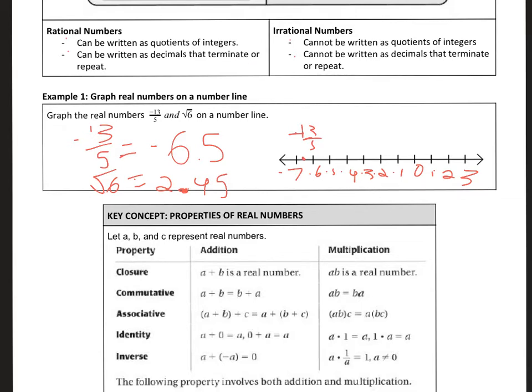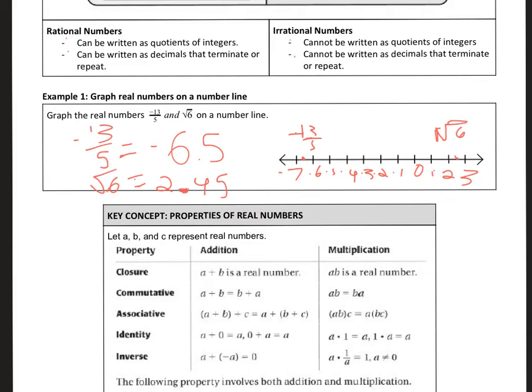For square root of 6, 2.45, that's going to be between 2 and 3. So I'm just going to put a little dot, a point there, and that's where I place square root of 6, all right? So pretty straightforward to get those real numbers graphed on a number line, all right? So most of it's just a matter of being able to put it into a calculator to compare them, all right? And I know you guys probably covered this in Algebra 1. This is a good review, good way to get you started on this, okay?